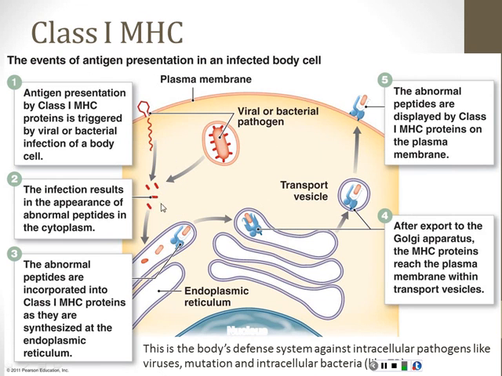Those little pieces are identified by the cell as something that doesn't belong, right? So, just like we talked about the poster on the outside of the house, those pieces, those antigens, are packaged into a major histocompatibility complex, a class 1 MHC here, and then they go to the surface where it's displayed.